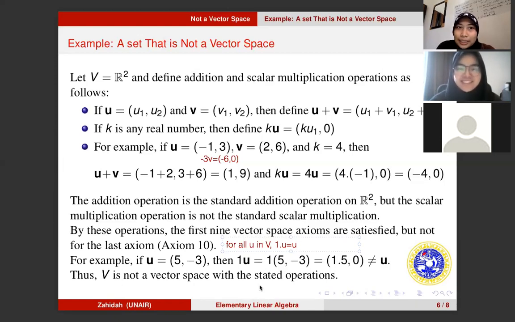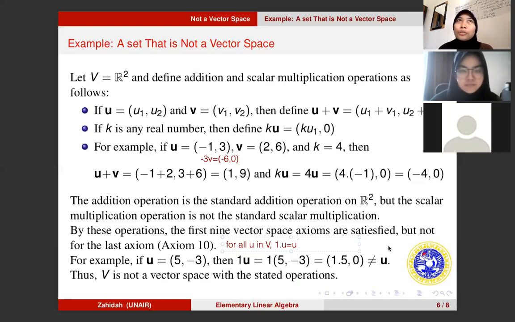If you want to show that a set is not a vector space, you just find which axiom fails to hold. So it means at least one axiom fails to hold for the set with this operation.